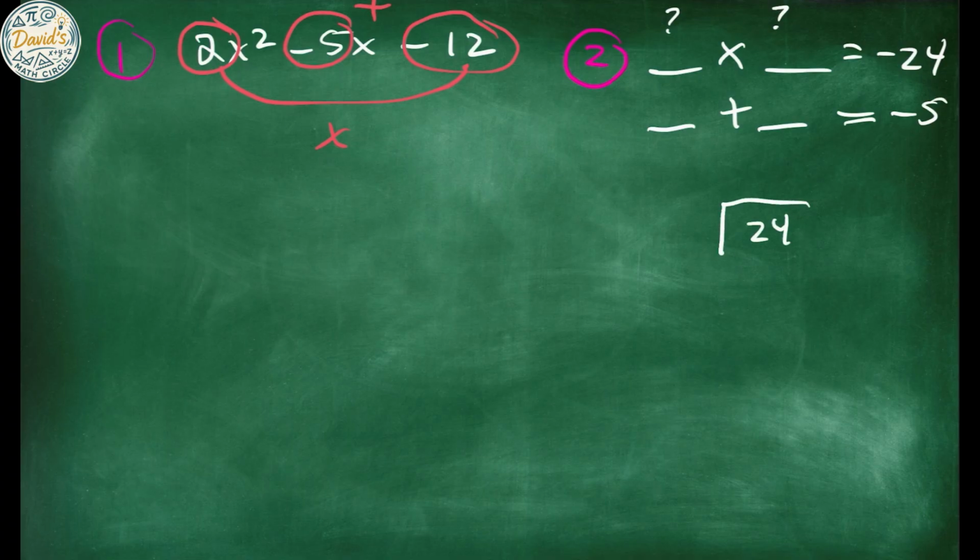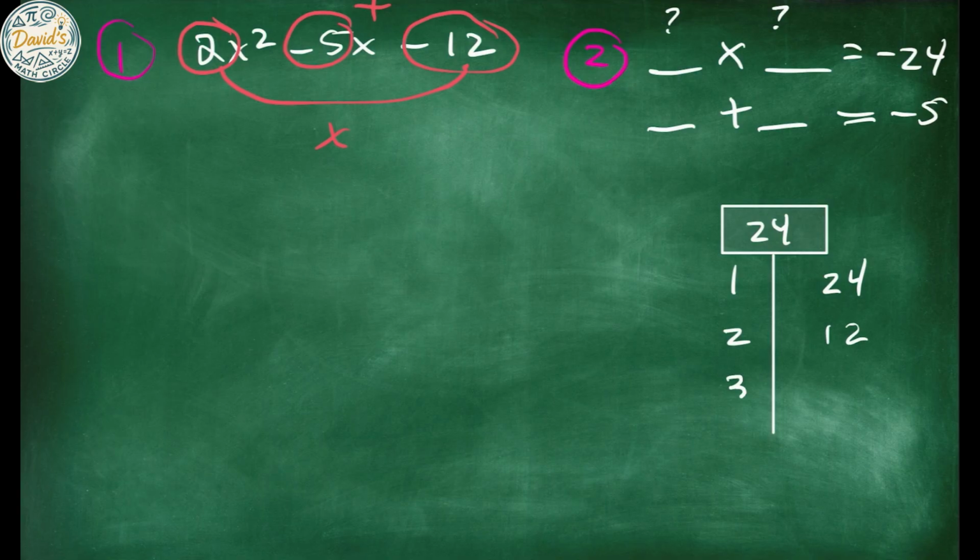We have 1 and 24, 2 and 12, 3 and 8, 4 and 6, and then it goes the other way around: 6 and 4, 8 and 3, 12 and 2, 24 and 1.